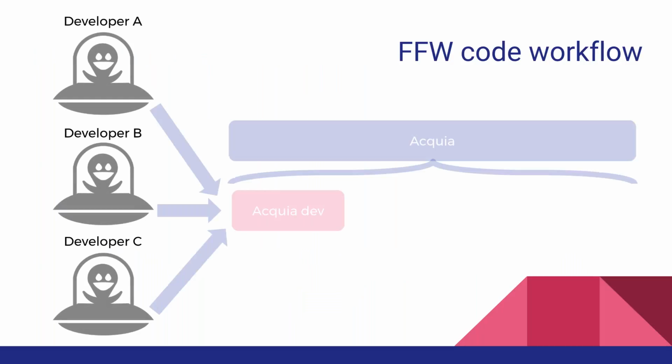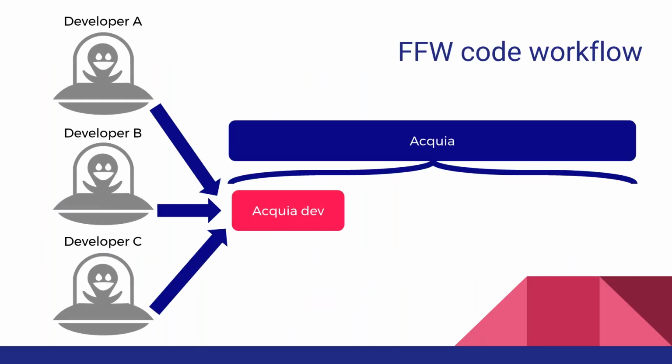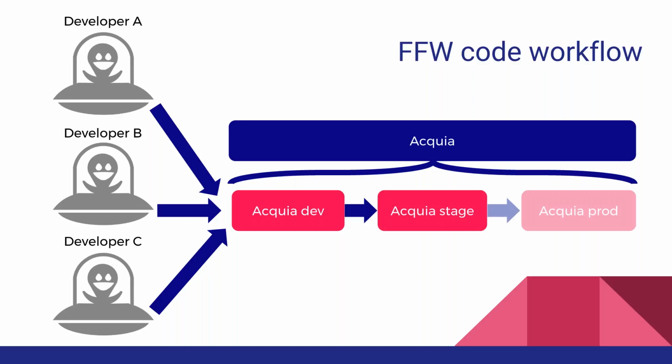Also, in regards to code workflow, as Andrew mentioned, we are using the master branch on GitHub, and all the changes that appear on the production website should have gone through the development environment and staging environment, and only then appear on production.